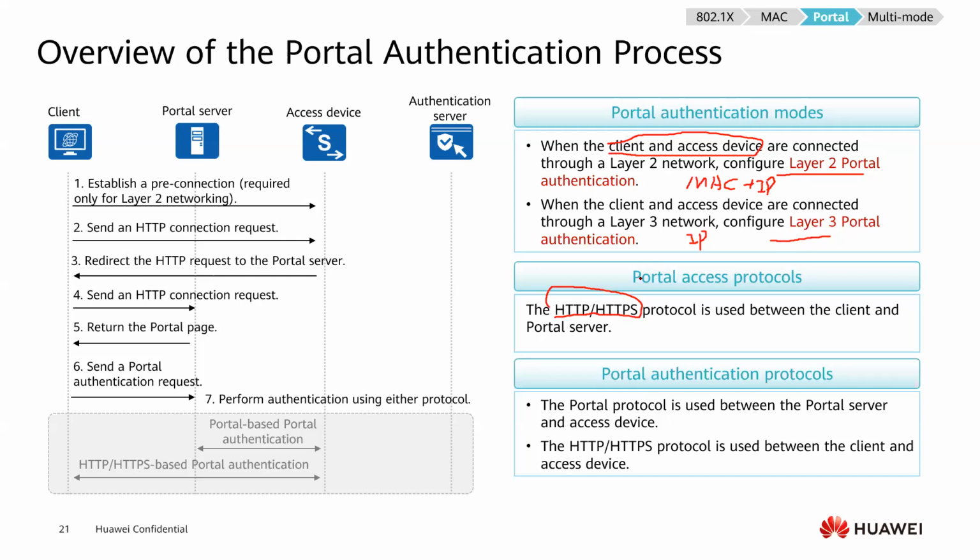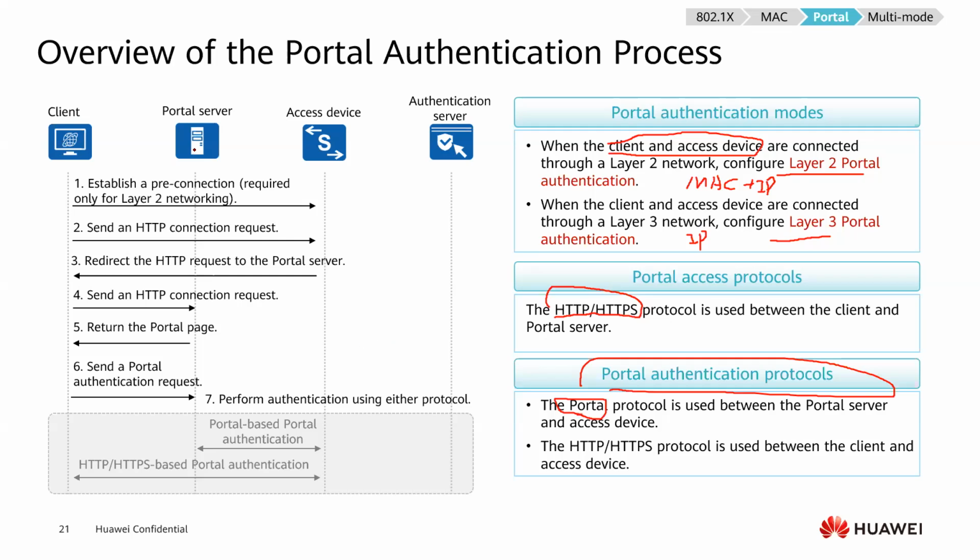And another protocol is the portal authentication protocol. This protocol is just used to transmit the user's identification information. If we transmit the identification information between the portal server and the access devices, we will use the portal protocol.